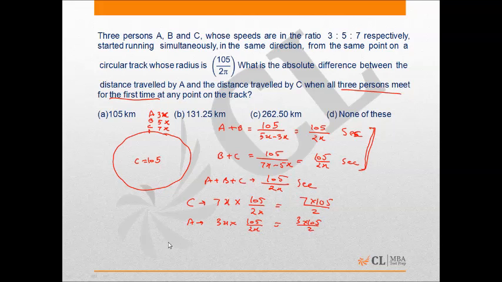I need to find the difference of the distance traveled by these two persons. It will come out to be 7 into 105 by 2 minus 3 into 105 by 2. If I take 105 by 2 common, it becomes 7 minus 3, which is 4. So it's nothing but 210 meters, sorry. Right? So the option is option D.